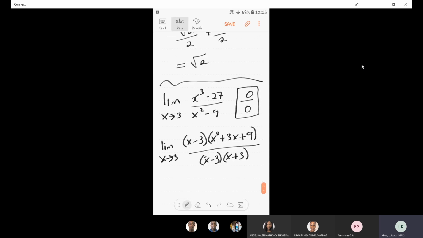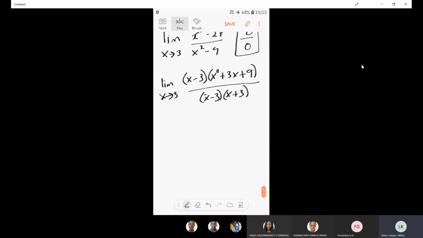Okay, now it is factorized, and you see that these two will cancel. Then I am left with the limit as x goes to 3 of (x squared plus 3x plus 9) over (x plus 3).